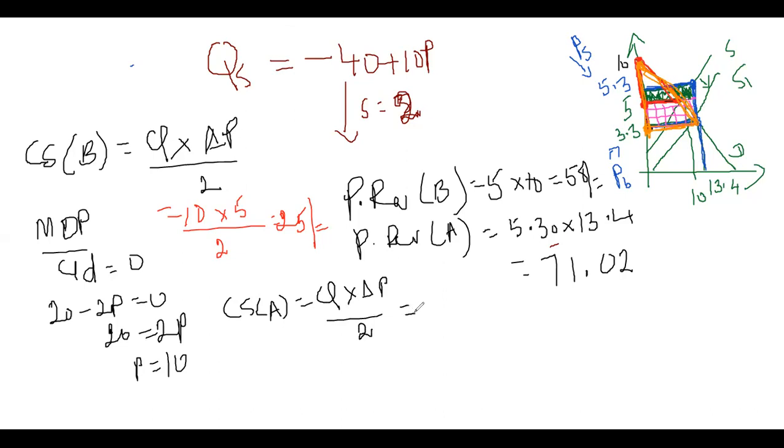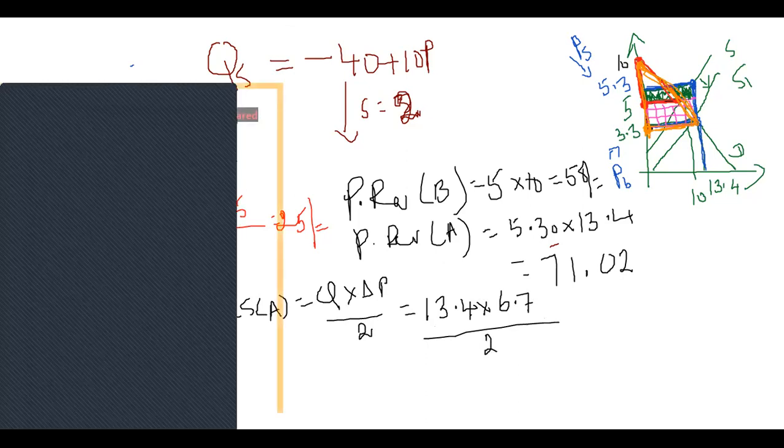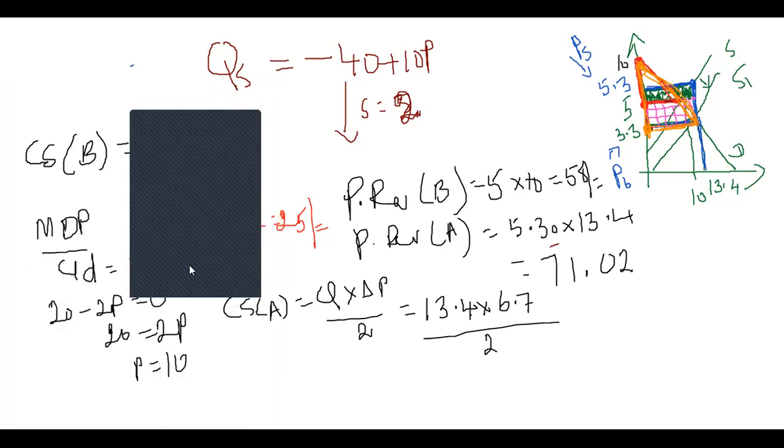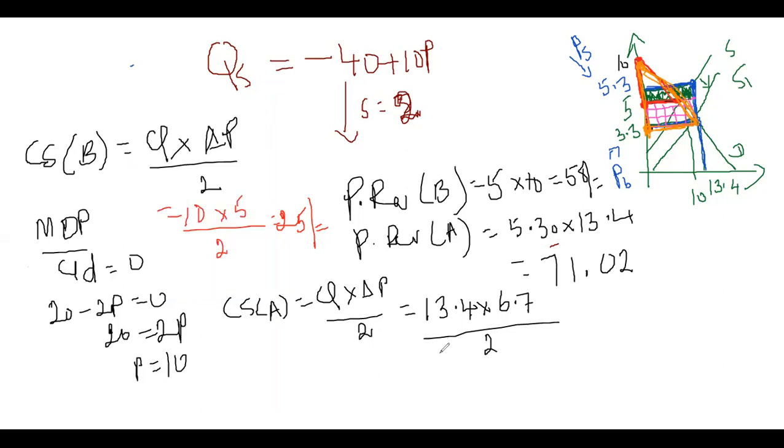Q into delta P over 2. Q is 13.4. Delta P will be 10 minus 3.3, that is 6.7, over 2. So 13.4 into 6.7 divided by 2, therefore 44.89.